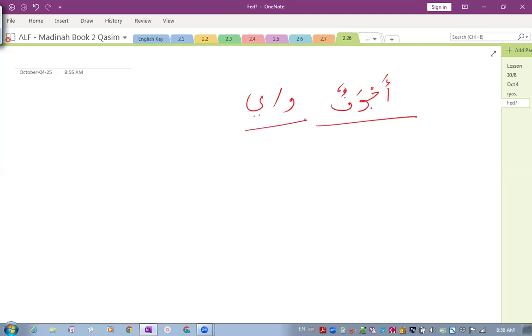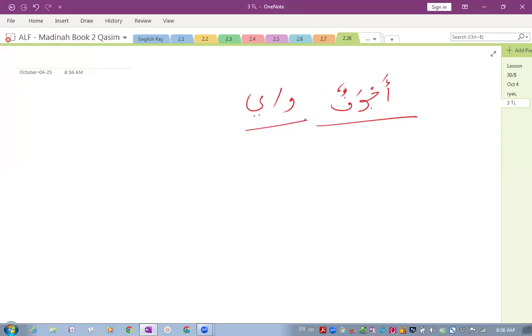What do we know so far about ajwaf? In madi, the middle radical will always get changed to an alif for your first 5 conjugations.